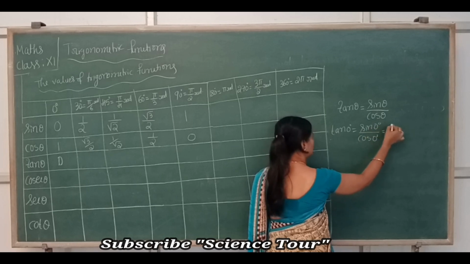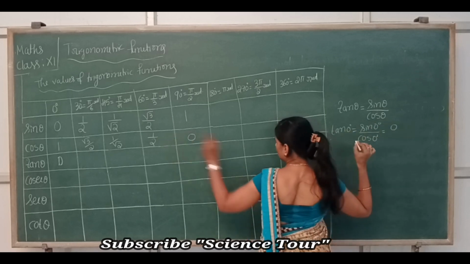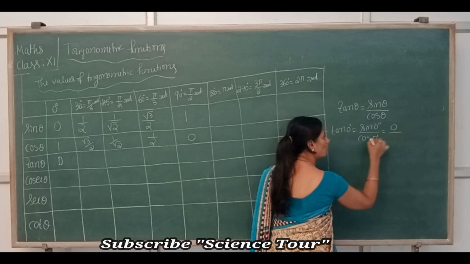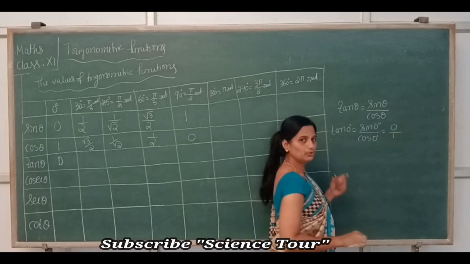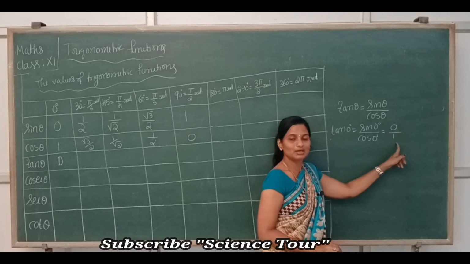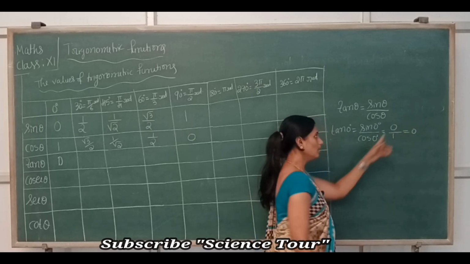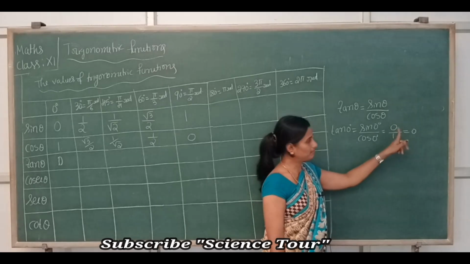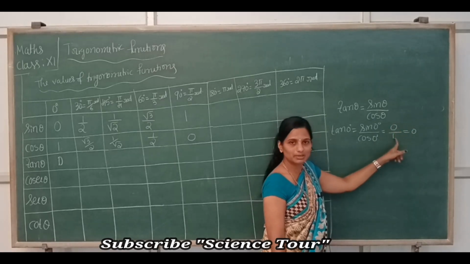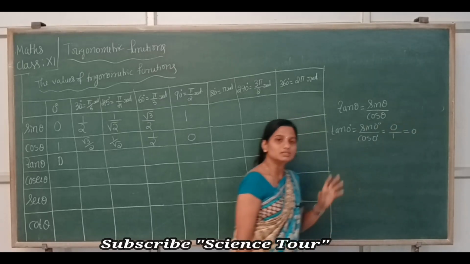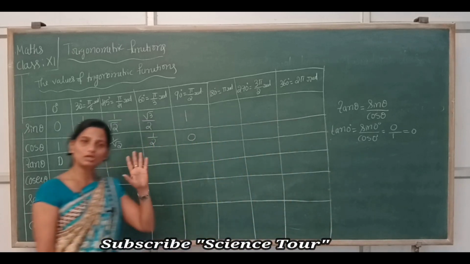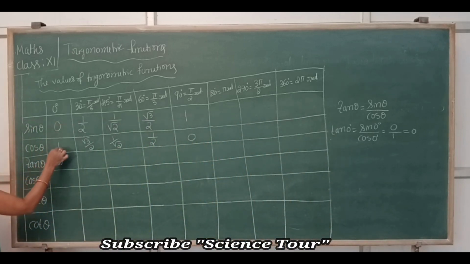What is the value of sine 0 degree? From the table it is 0. What is the value of cos 0 degree? It is 1. You know 0 divided by any number is always equal to 0. 0 divided by 100 is what? 0. 0 divided by 50 is what? 0. So here 0 divided by 1 answer is 0. So what is the value of tan 0? Tan 0 degree is 0.